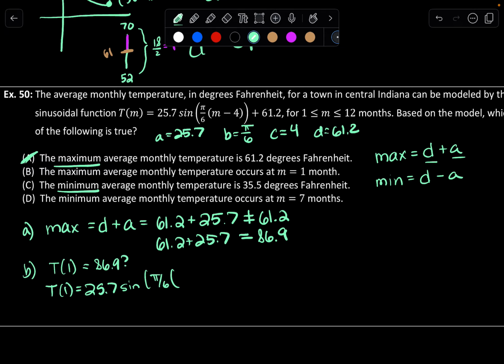So if my m value is equal to 1, I get 1 minus 4, which is negative 3, and then plus 61.2. All right, so we end up with sine of negative 3 pi over 6, which is negative pi over 2, and then plus 61.2.